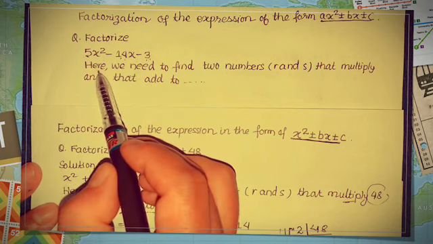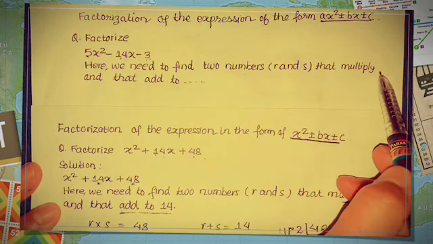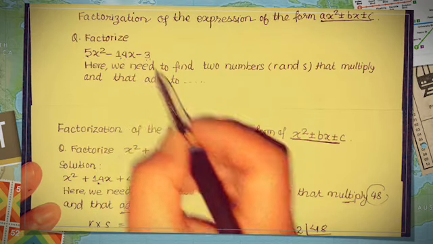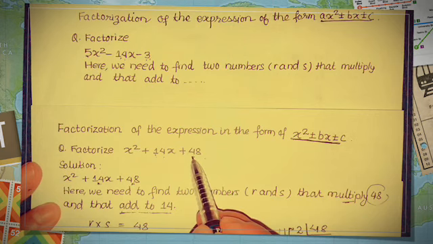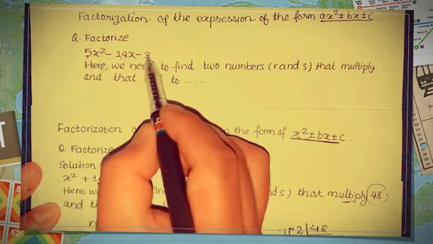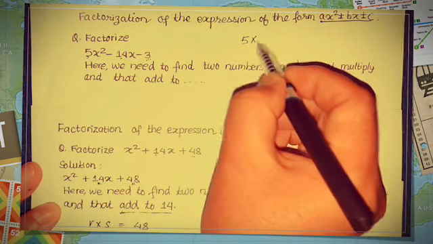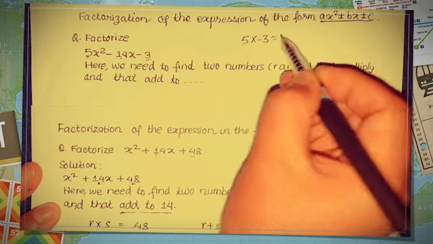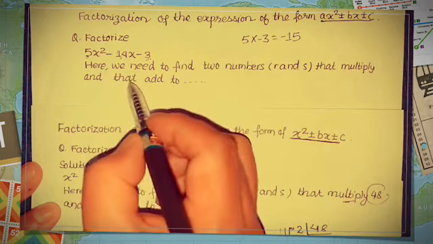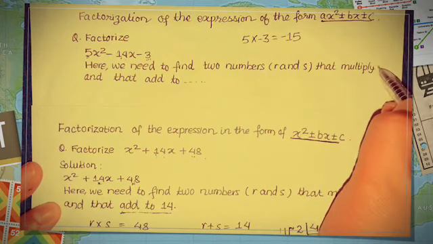Look here. We need to find two numbers r and s that multiply to, not just the constant term: in the previous case we used only the constant term, but here we have to use the first and last numbers, 5 and minus 3. That is minus 15. So for the condition of multiplication, we have to use minus 15.